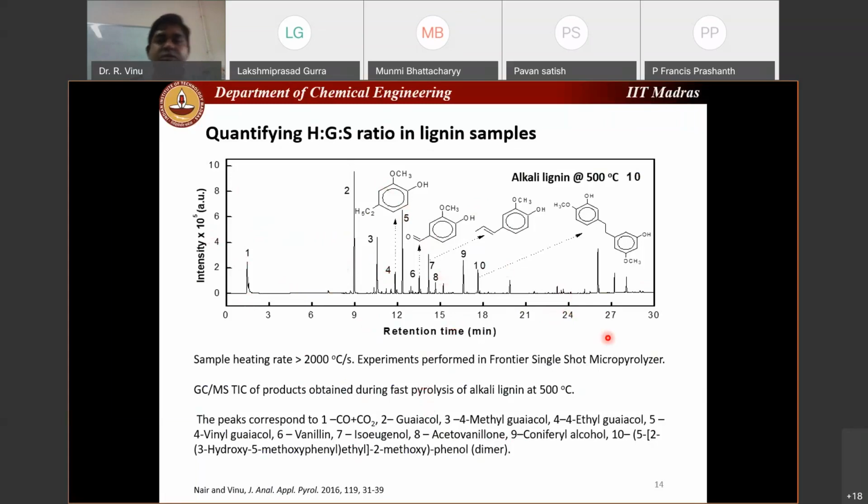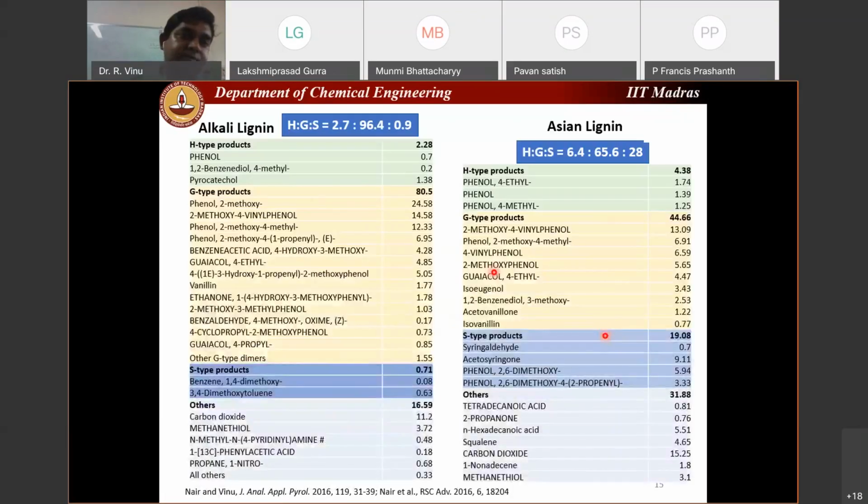And then what you do is you try to assemble the area percentage or even the mass percentage of all these peaks, and then try to group them as H type products, G type products, S type products, and all other products. So here you can see an example of what we have done earlier with alkali lignin, which is obtained from the Kraft pulping process, and the other one is from Asian lignin.